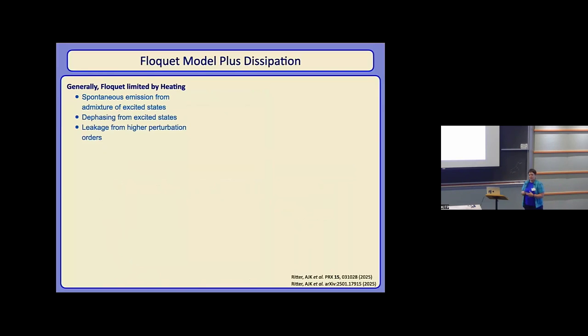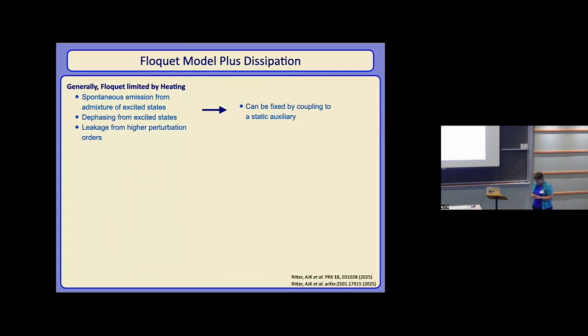And so now your Floquet states are inheriting spontaneous emission from the excited states and also typically dephasing from the excited states. And then you have a different issue, which is that you're applying a strong drive, and at high orders in the drive Hamiltonian, you can get leakage into unwanted parts of the Hilbert space. And so between these things, you start doing a Floquet drive, and the expectation is that your system will always run away from you, either into some mixed state or into some very far corner of Hilbert space.